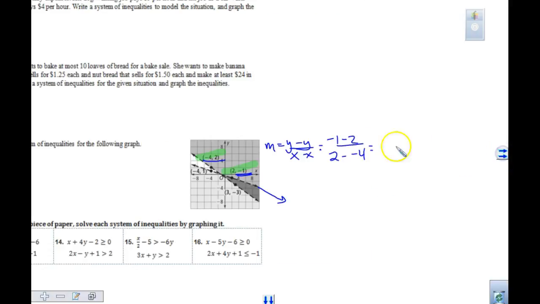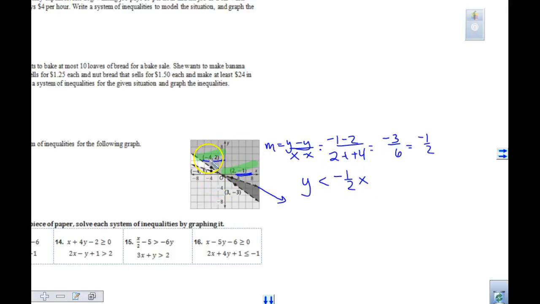If I'm subtracting that, I'm going to have a -3 over 6, which does give me a -1/2 slope. So far for this line, because this is our intersection area, it looks like my equation should be something like y is less than -1/2 x. I just have to find the y-intercept.